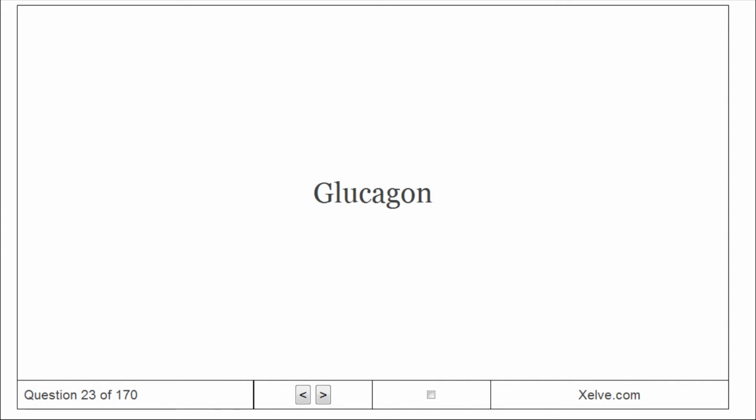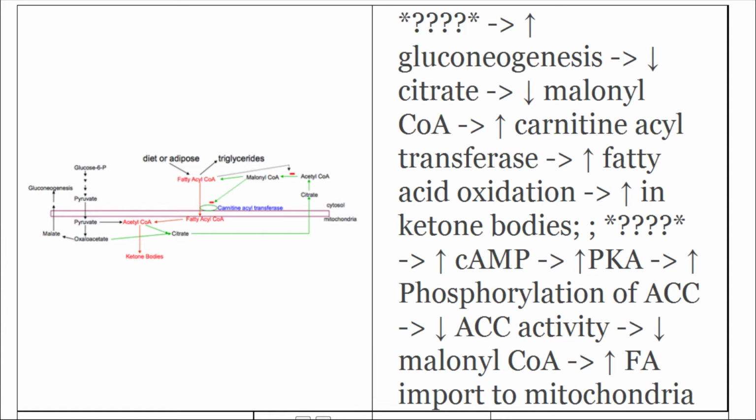Glucagon leads to gluconeogenesis, to citrate, to malonyl-CoA, to carnitine acyltransferase 2, fatty acid oxidation, and ketone bodies, to cAMP, to PKA.